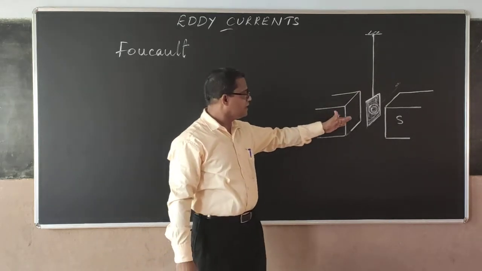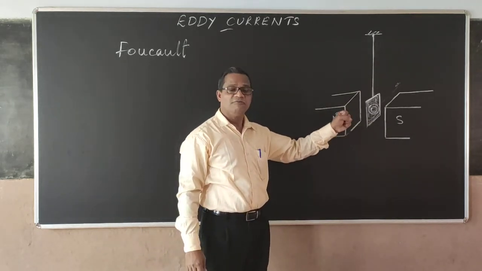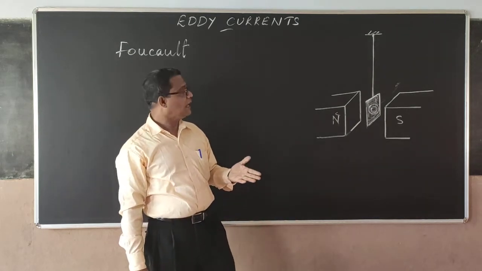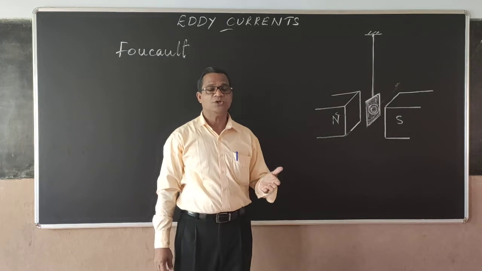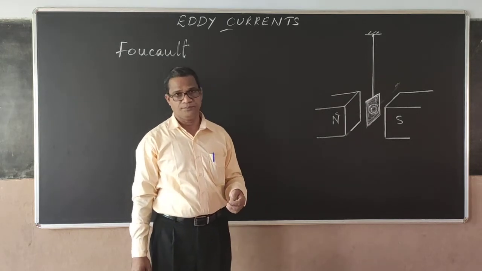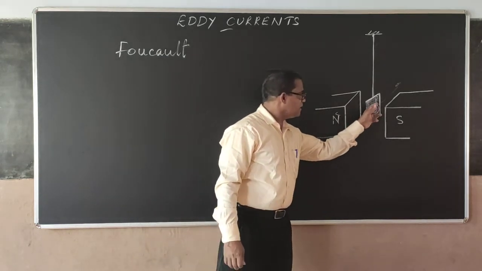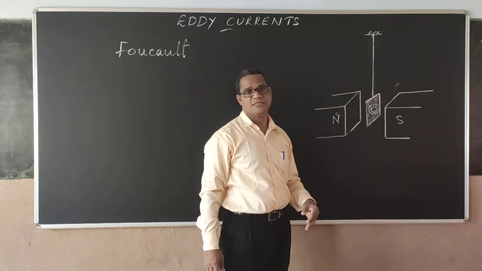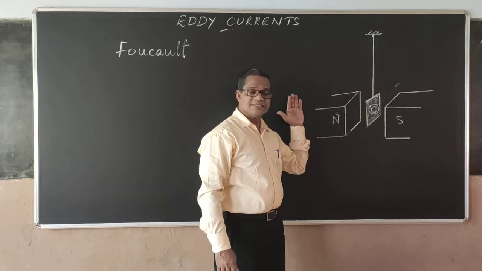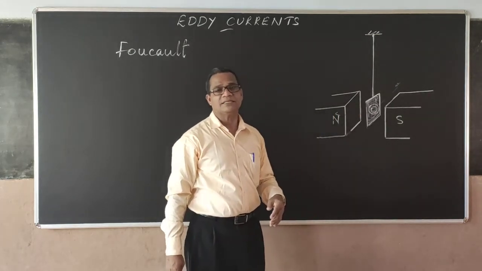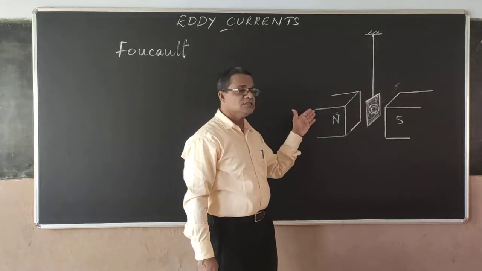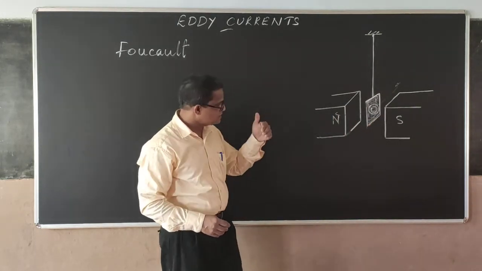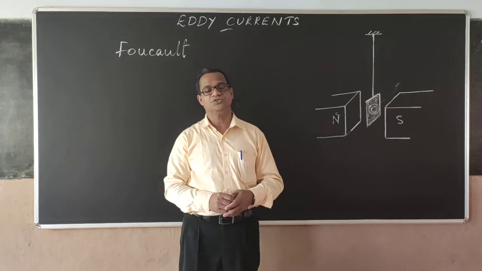These eddy currents find many applications in practical life, which you can refer to in the text. How these currents are produced in the thick metallic sheet is due to the free electrons present. As I said earlier, the magnetic Lorentz force makes those electrons move in a circular path as the sheet is subjected to a varying magnetic field.